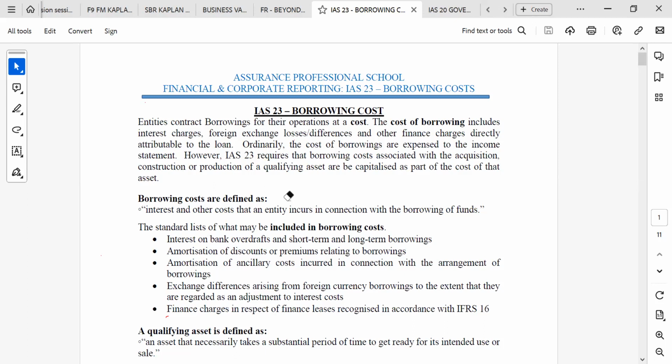Should borrowing cost relating to an amount taken to acquire a land be capitalized?